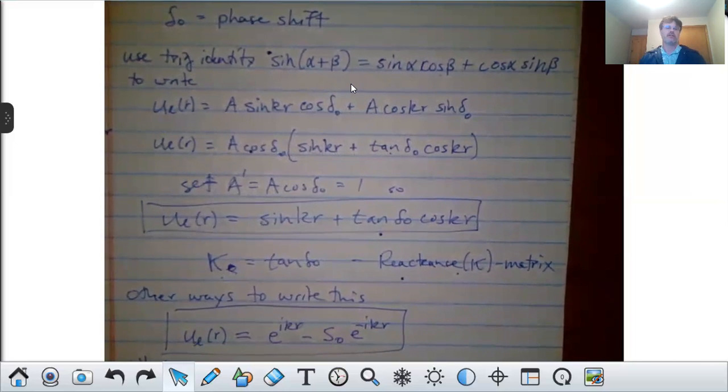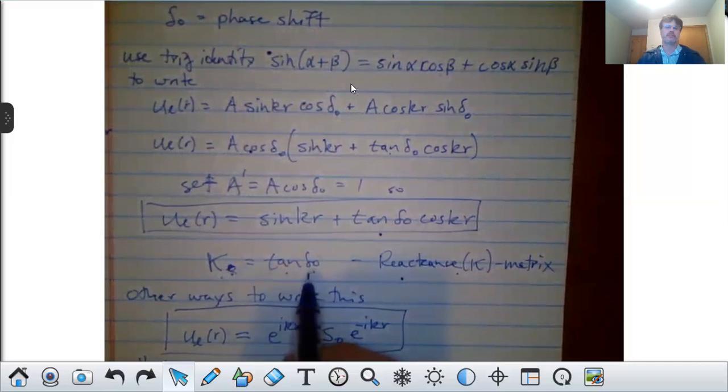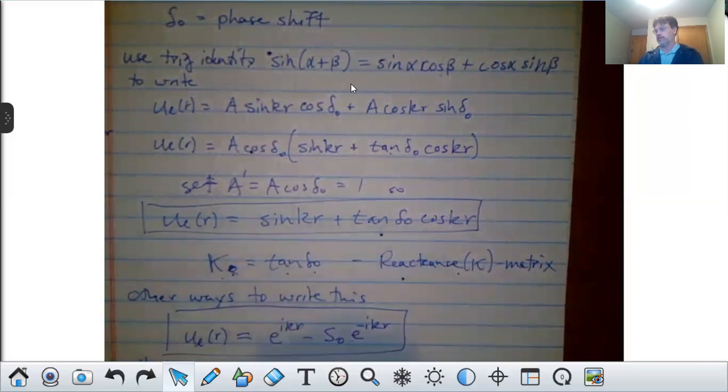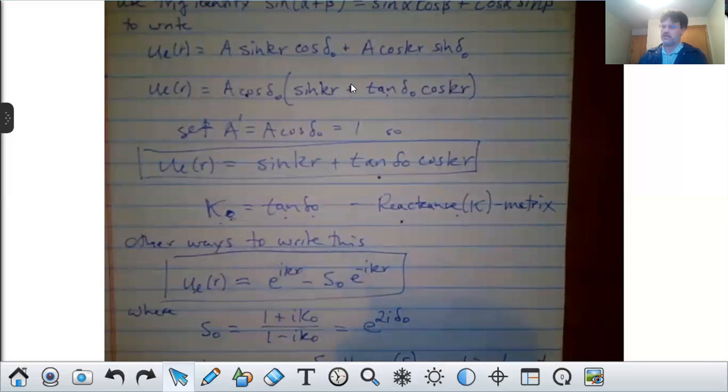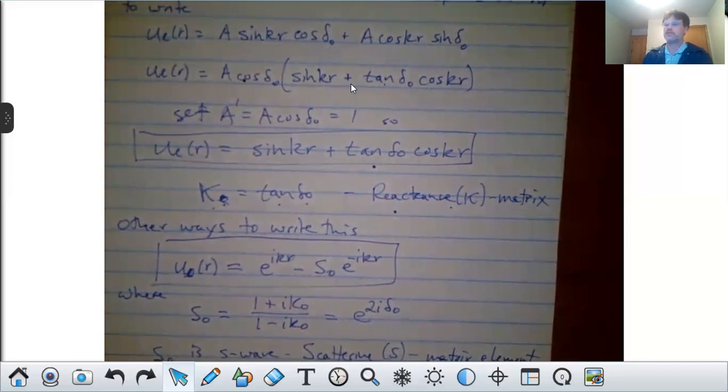And you can write for other partial waves, other values of L, a KL equals tangent delta L. Another way to write this, I should write U0 here because I'm still just talking about the S wave, L equals 0, although again it generalizes as we'll see.